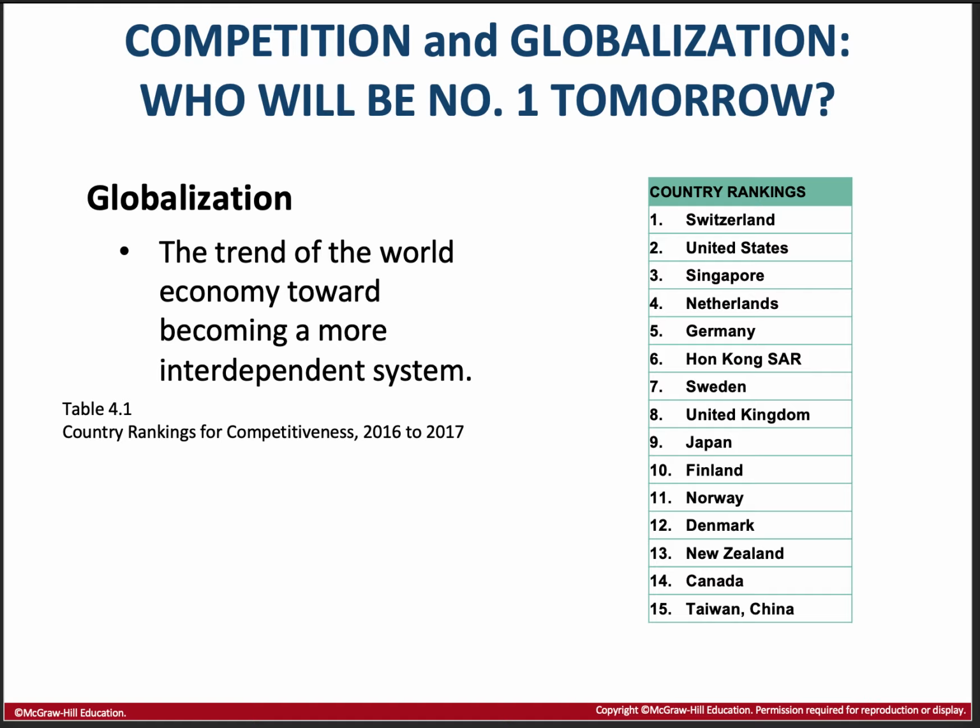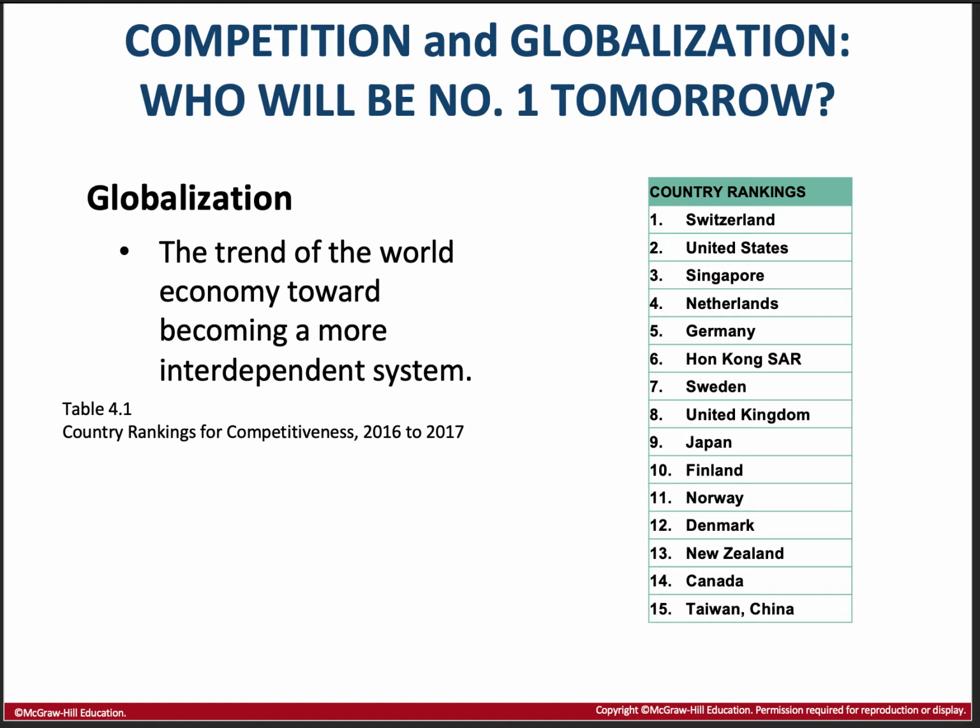The table that you see right here, table 4.1, is the country rankings for competitiveness, from 2016 to 2017. I noticed they left off the G in Hong Kong. The source is the World Economic Forum.